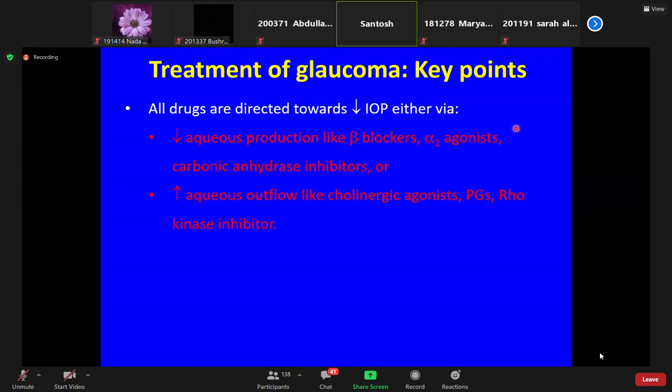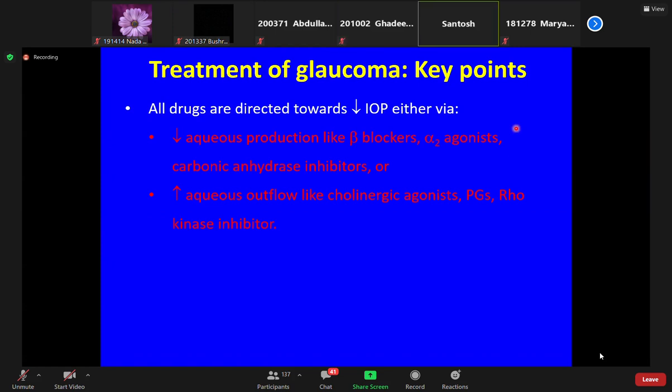Can you remember that? Can you name cholinergic agonists? Pilocarpine. Yes, good. Can you name prostaglandins? Latanoprost, travoprost. Cholinergic agonists, we had pilocarpine, and we have another one, ecothiopate. What was the Rho kinase inhibitor? Netarsudil. Very good.